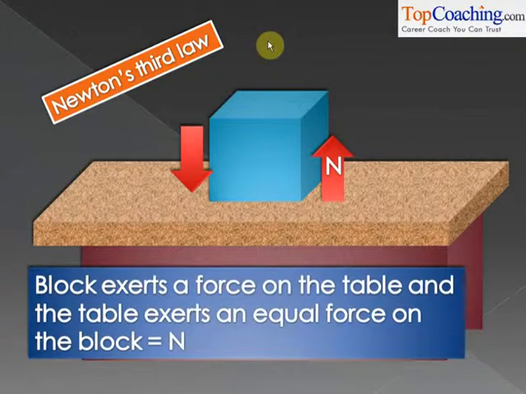You see, the block exerts a force on the table, isn't it? It places its weight on the table and exerts a force on the table, and therefore, as a reaction, the table exerts a force on the block. The force exerted by the block on the table is also N, and the force exerted by the table on the block is also N. Understood? So basically, when any two bodies are in contact, they exert a force N on each other.